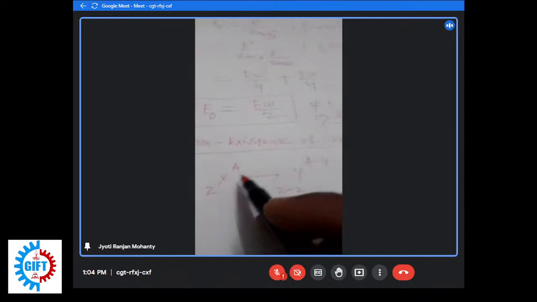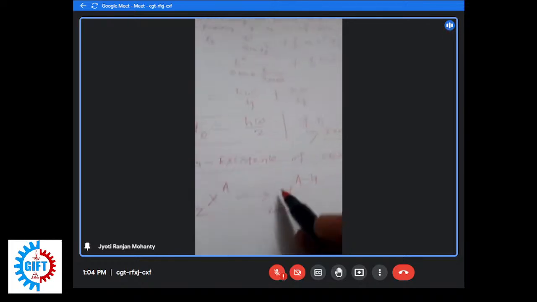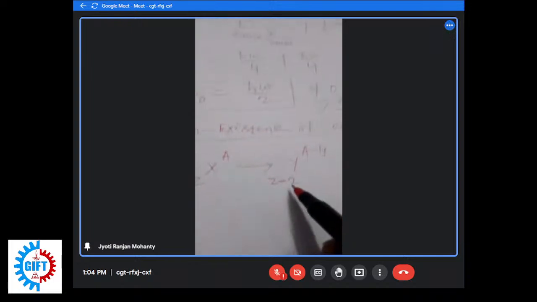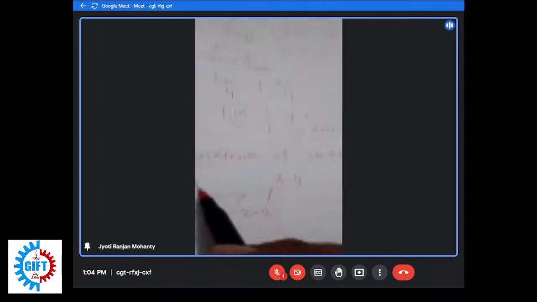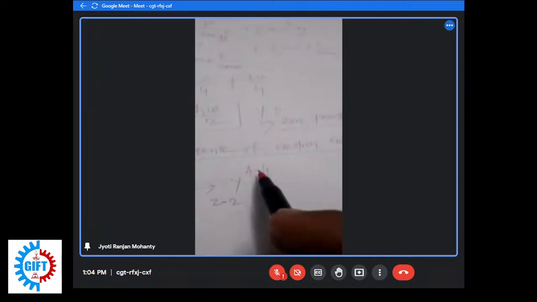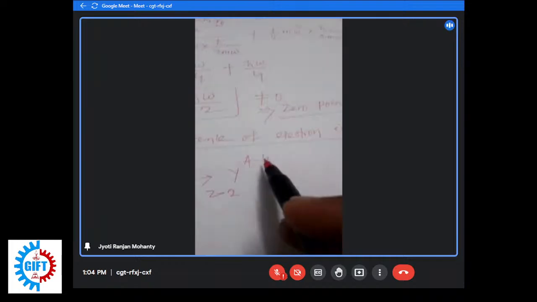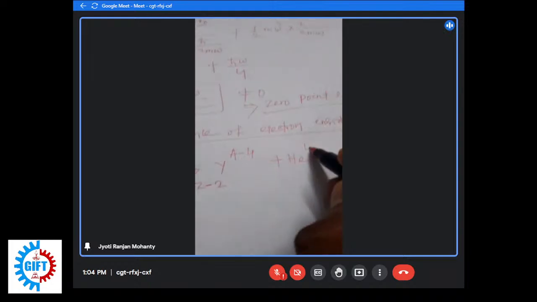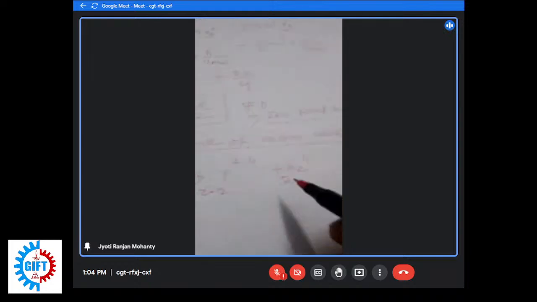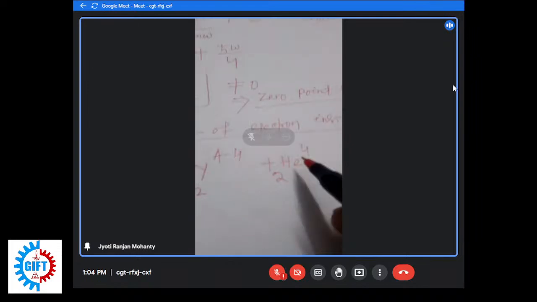X is the parent, Y is the daughter. The atomic number Z reduces to Z minus 2, and the mass number reduces by 4, and we get the alpha particle. What is the alpha particle? This is helium-2.